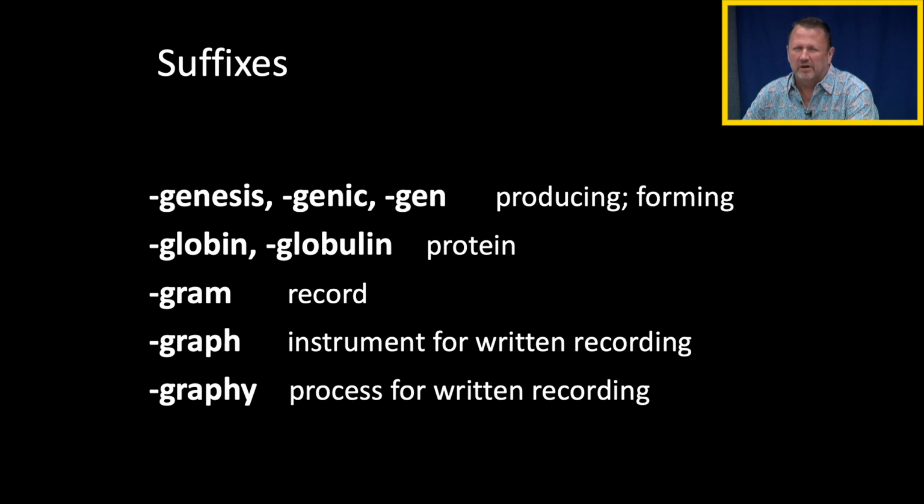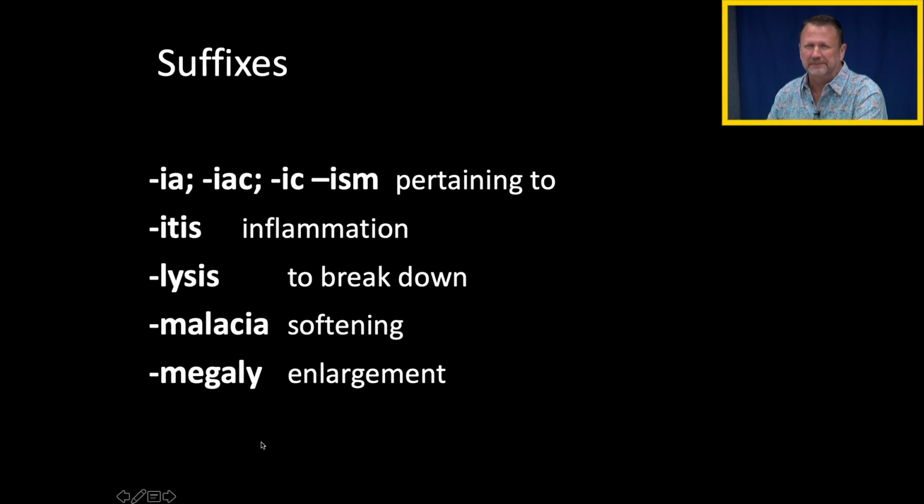So the electrocardiogram is the record. The electrocardiograph is the one that writes it, and electrocardiography is the process for getting the electrocardiogram. I don't need you to know the difference between all this stuff, but we see these things, and they kind of mean the same thing, kind of mean something different.